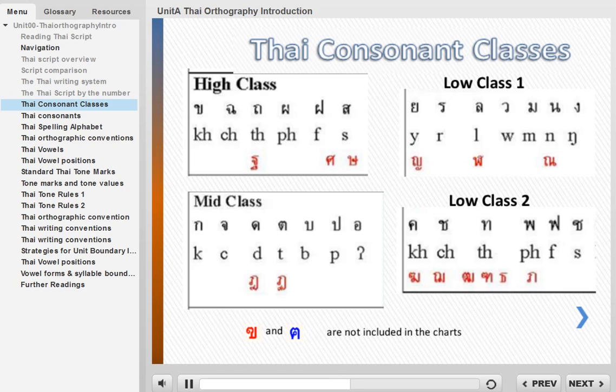The consonants in red are the irregular forms used to write loanwords from Pali or Sanskrit. Note that some consonant sounds have more than one corresponding form, such as th, the aspirated T sound, which has 5 forms, 2 in high class, 3 in low class. These forms are not interchangeable in word spelling.